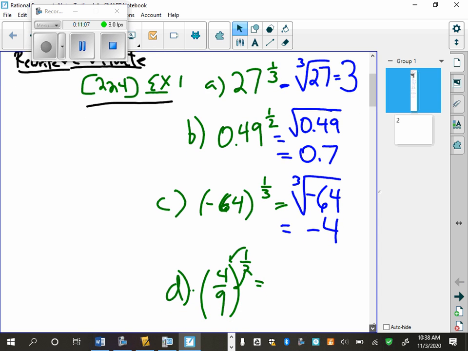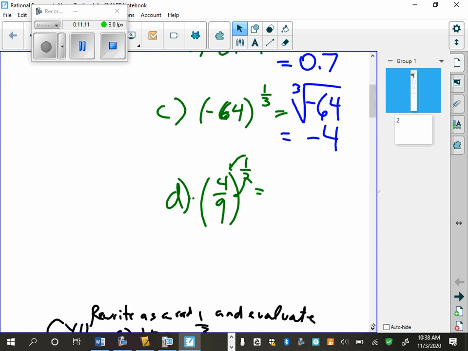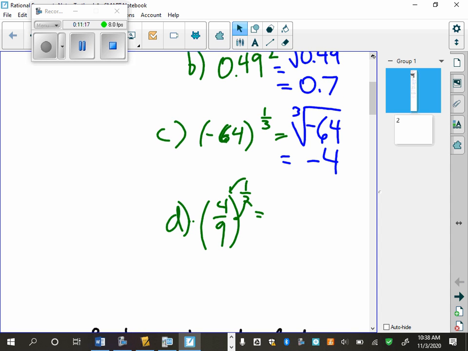And lastly, we've got 4/9 to the exponent of 1/2. So this is the same thing. You don't need to write this step, but I'm just showing you.